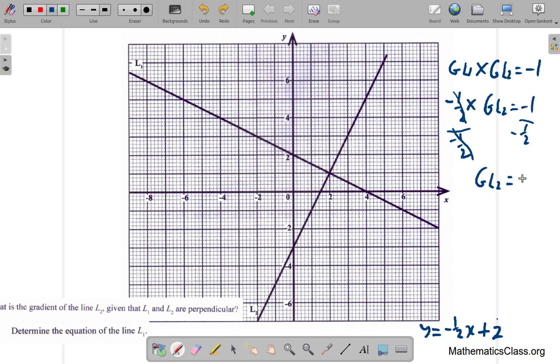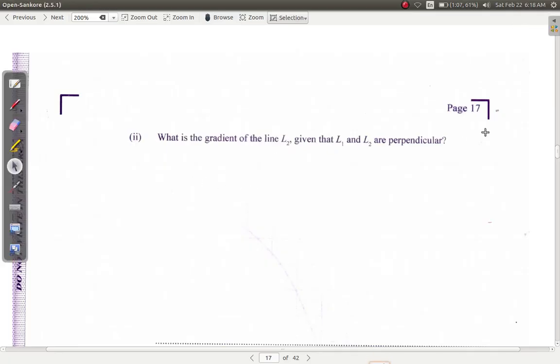The negatives cancel, so it will be a positive gradient. And 1 divided by half is the same as 1 multiplied by 2 over 1, which is 2. So the gradient of L2 is positive 2.